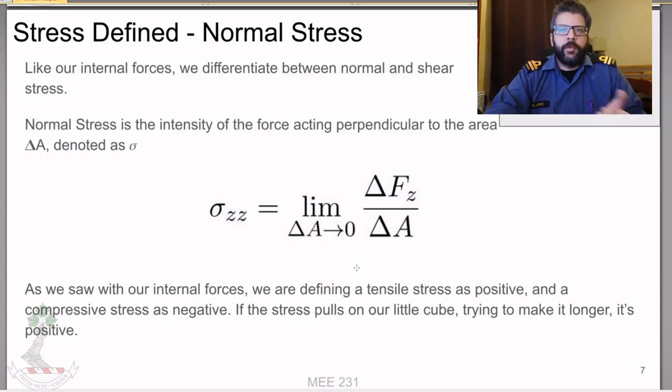So we're worried about normal stress. Same deal with our internal forces: we differentiate between normal and shear stress, in the same way that we differentiate between normal and shear load. The normal stress is just the intensity of the force acting perpendicular to an area.